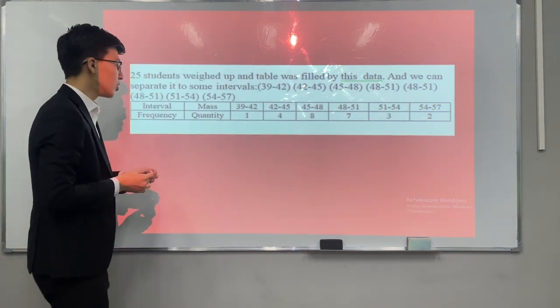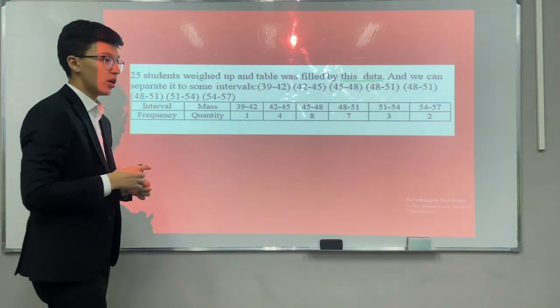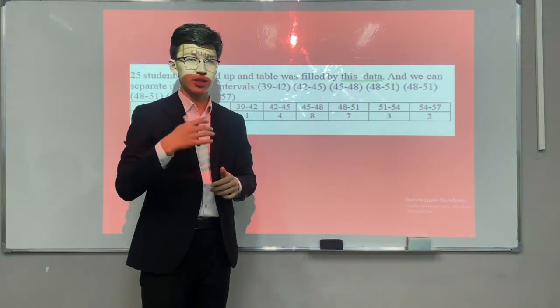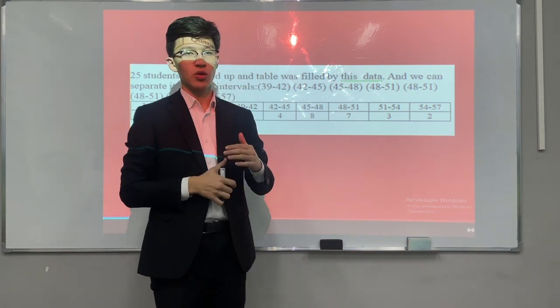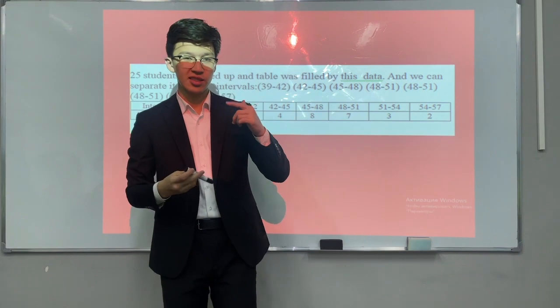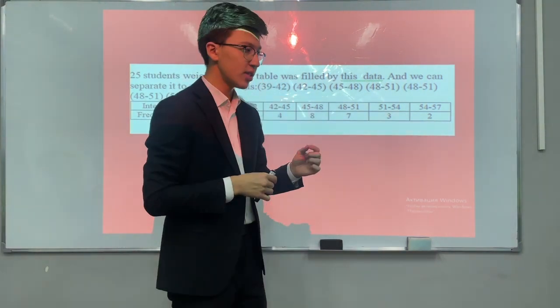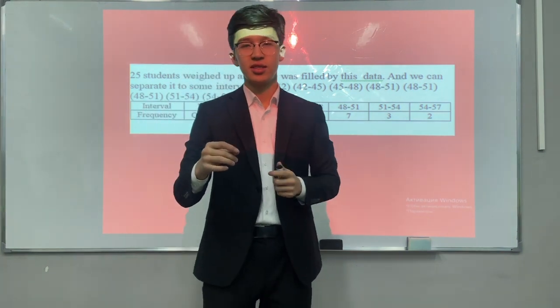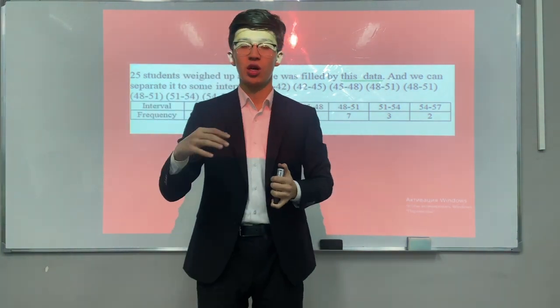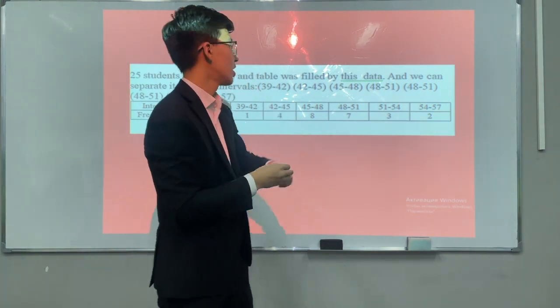Here you can see the quantity of our numbers, which we can call the frequency. We can conclude that the frequency is how many times a number is repeated in our data.